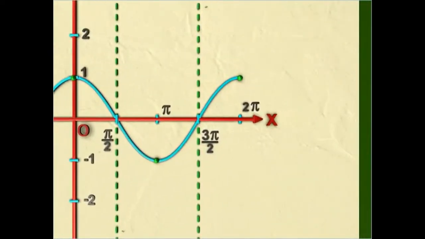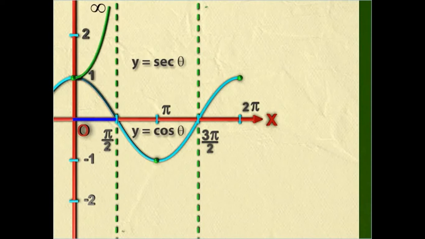As the value of theta increases from 0 to pi by 2, the value of cosine theta decreases from 1 to 0, indicating that the reciprocal function secant theta increases from 1 to positive infinity in the interval 0 to pi by 2.